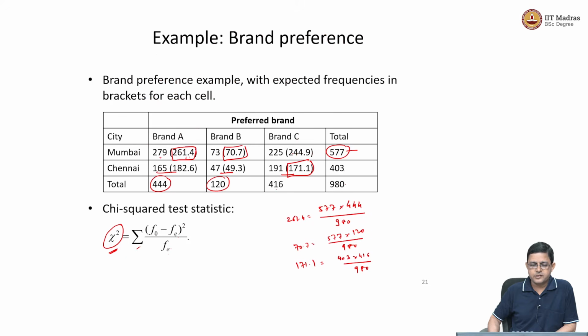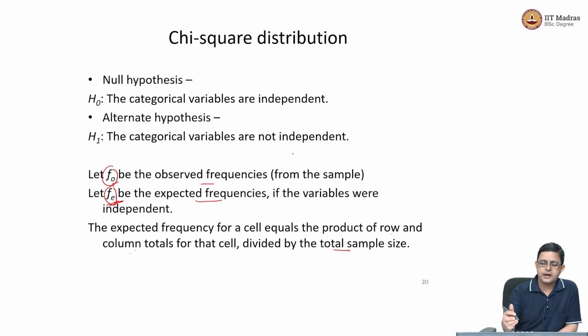We reject the null hypothesis and conclude, what was the null hypothesis? The null hypothesis was that the categorical variables are independent. We reject this null hypothesis and therefore say that brand preference does depend on the cities. If you go to different cities, people are going to have different brand preferences.